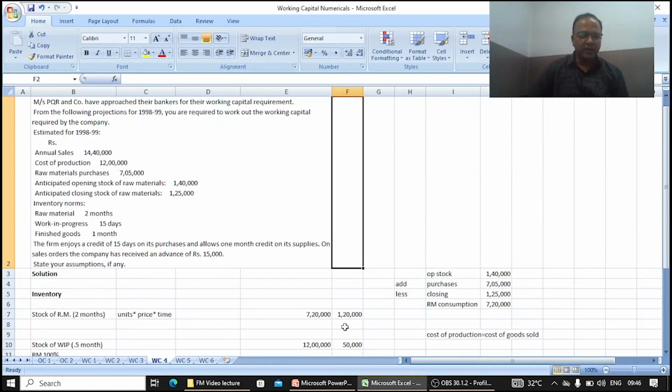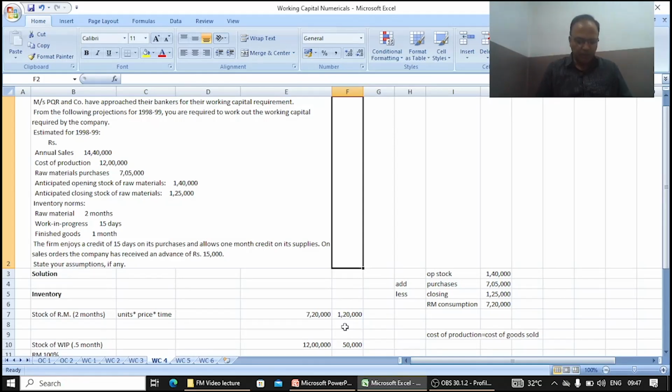Creditors are always calculated on the basis of purchases. We have purchased goods of rupees 7,05,000. It means 7,05,000 divided by 12 into 0.5.